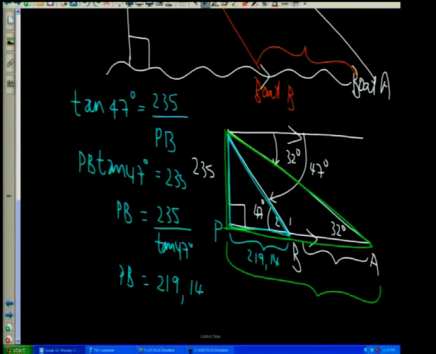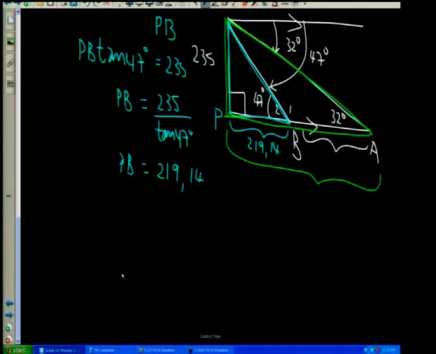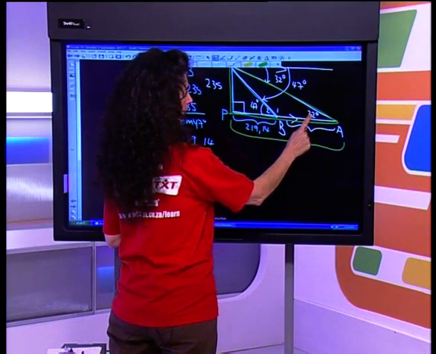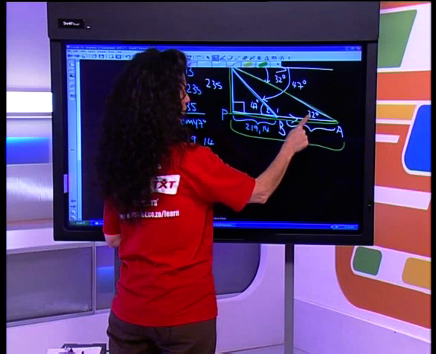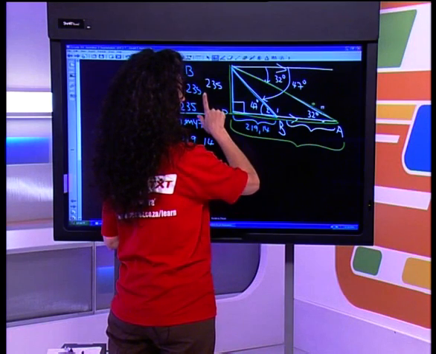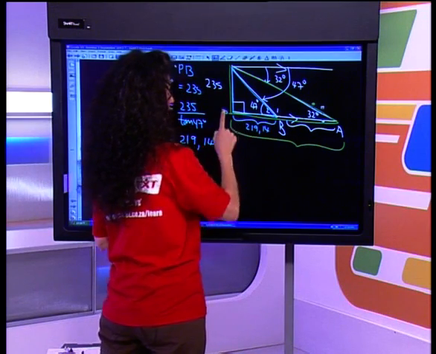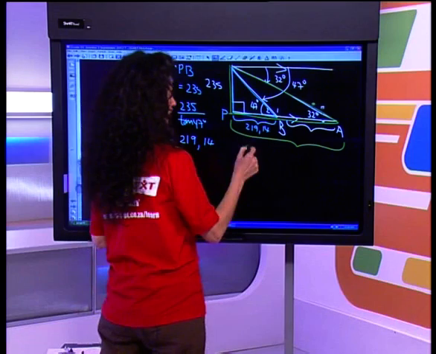Then I've got the green length AB, in this big triangle. With 32, always go and find your position of the angle. I'm sitting at 32. What do I want to find? My adjacent. What have I got? My opposite. So which ratio connects adjacent and opposite? It is my tan ratio.